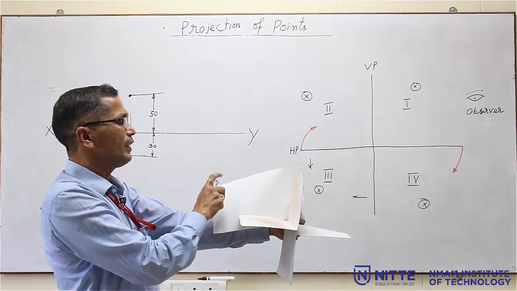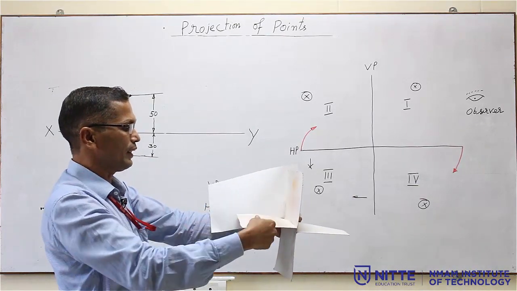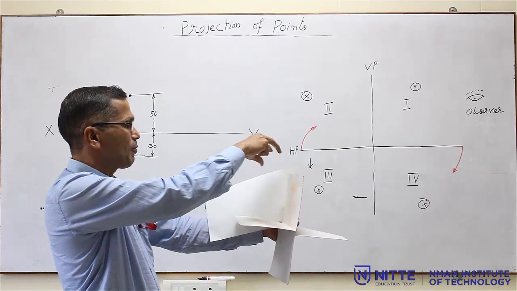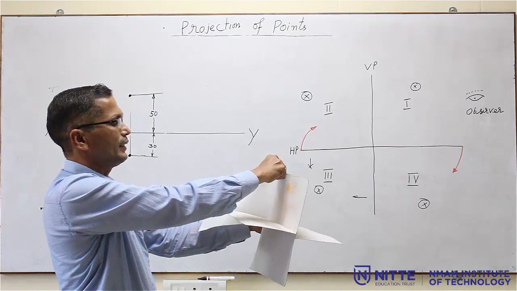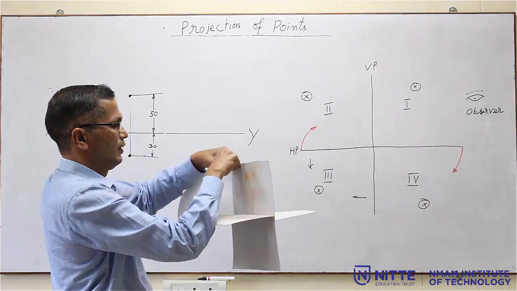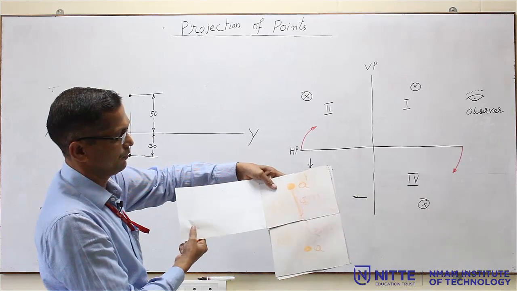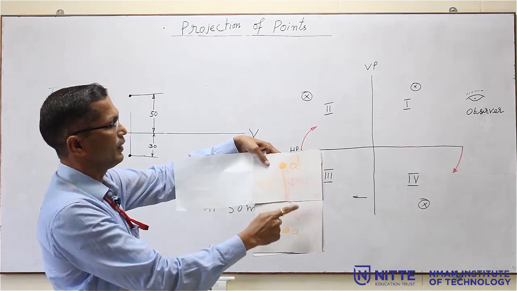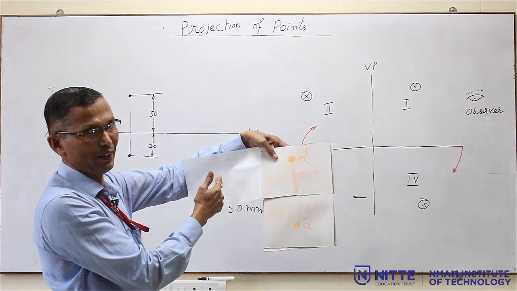Now, once again, to convert this 3D into 2D, just as I rotated the VP and HP, similarly the profile plane is also rotated. We have to rotate it like this. So, the plane becomes like this. This is HP, this is VP. To the side of VP there will be the profile plane.